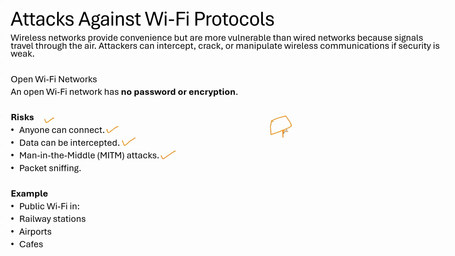Let us assume this PC has a wireless module, or it may be a laptop. This is your Wi-Fi device broadcasting the data to this one. But someone can create a fake access point over here.